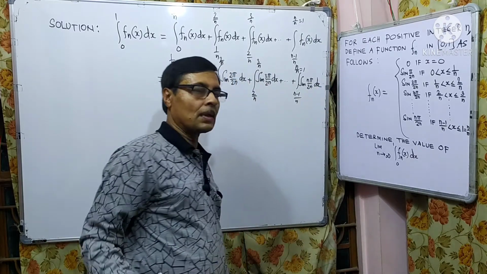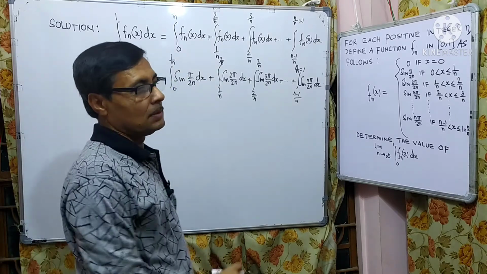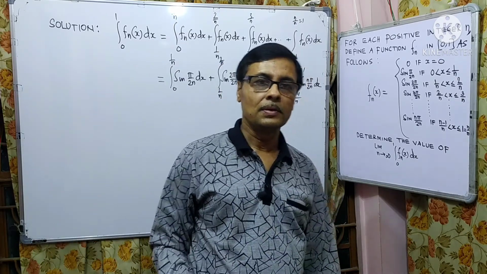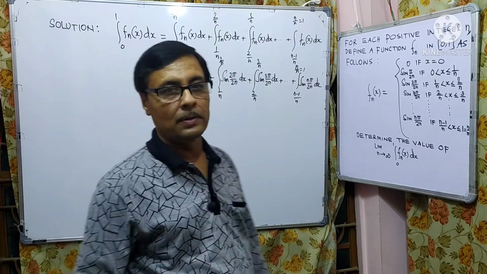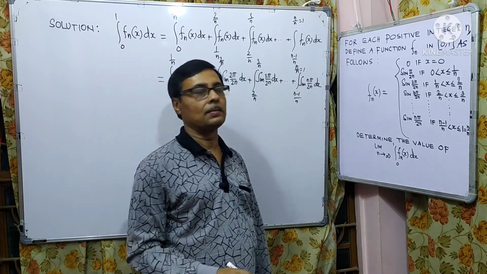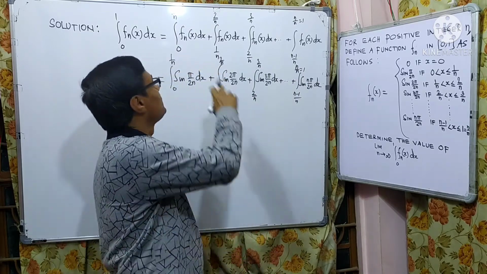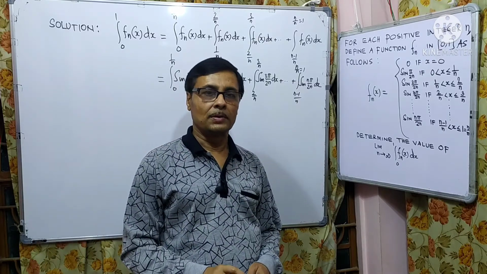This is written from the property of definite integral. The property is that any definite integral in a certain interval is equal to the sum of the integrals over its sub-intervals.